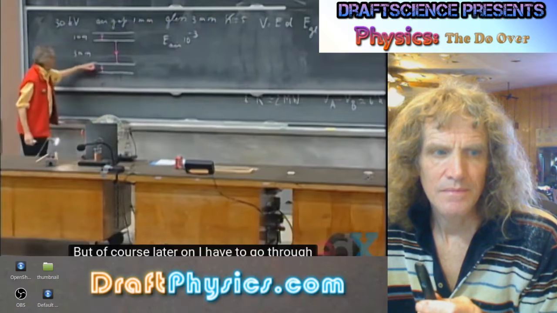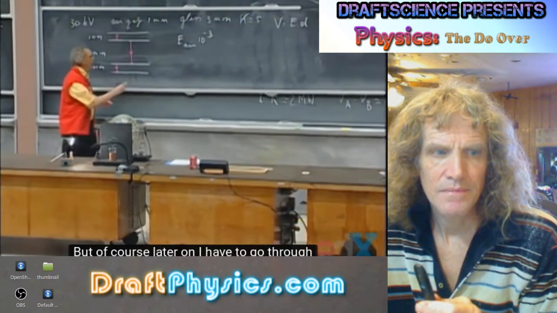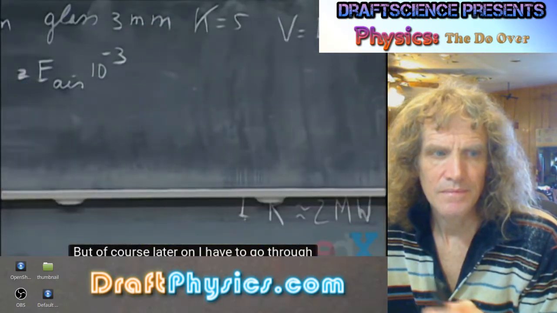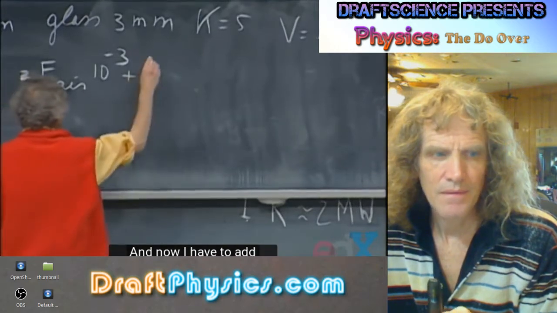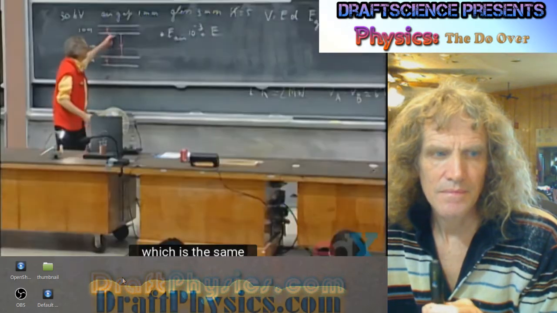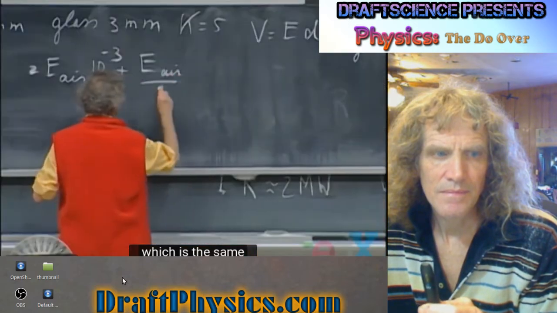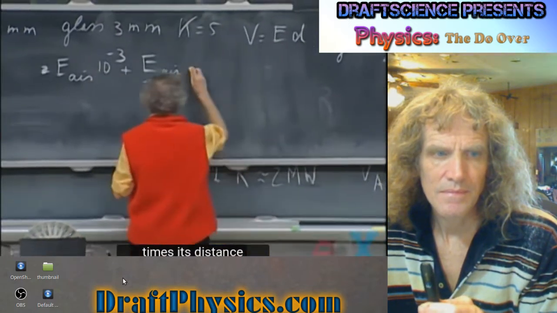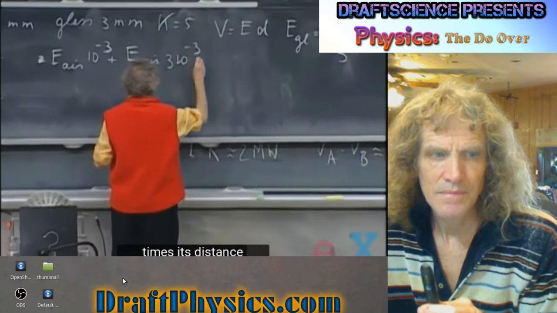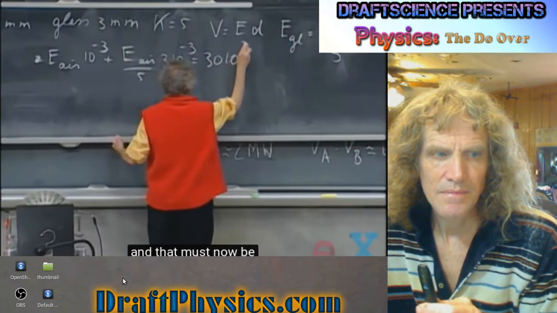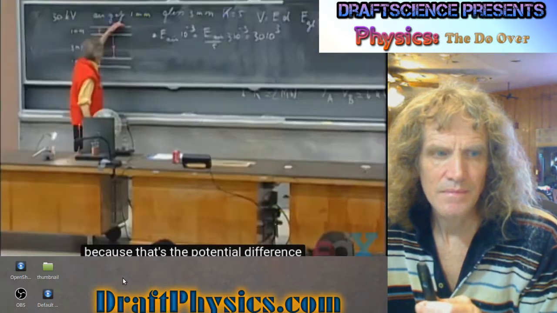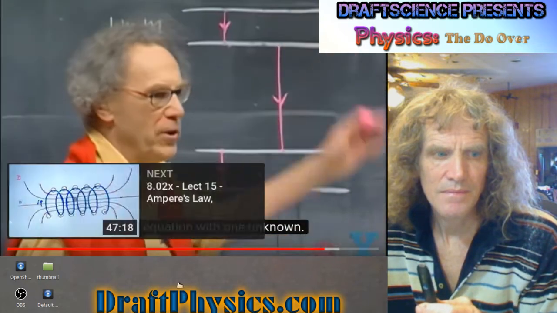But of course later on, I have to go through this gap again, so I'll multiply it by 2 now. And now I have to add the electric field in the glass, which is the same as air divided by 5, times its distance, which is 3 millimeter. And that must now be 30,000, because that's the potential difference between here and there. That's one equation with one unknown.